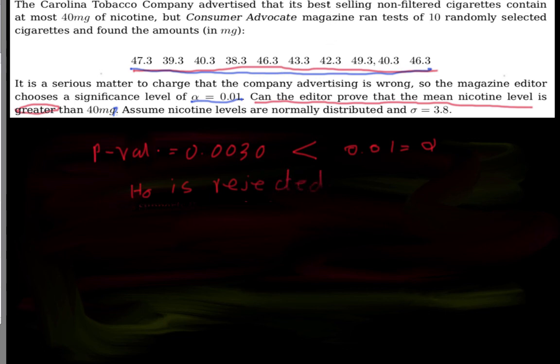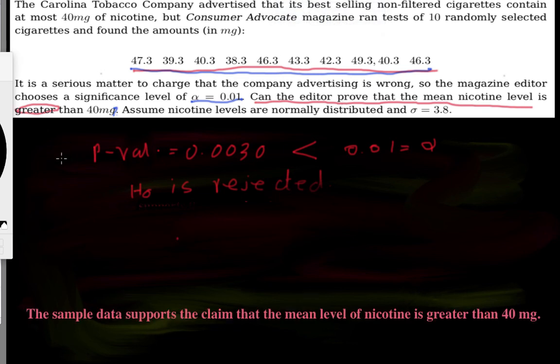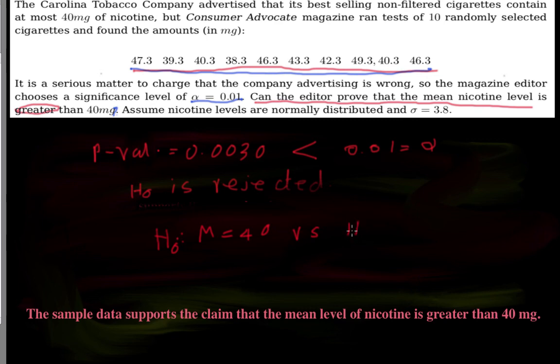If H0 is rejected, what should be the conclusion? Okay, so let's write down the hypotheses again. H0: mu equal 40 versus HA: mu greater than 40. Our decision is H0 is rejected.